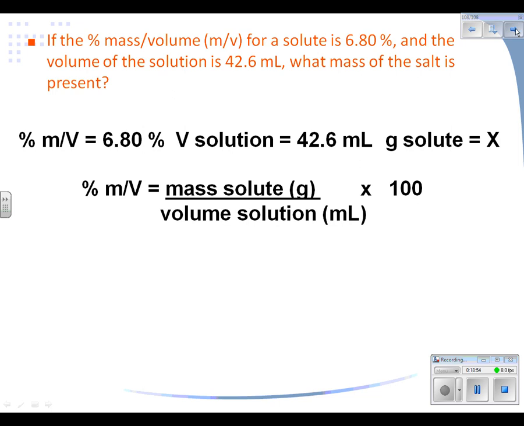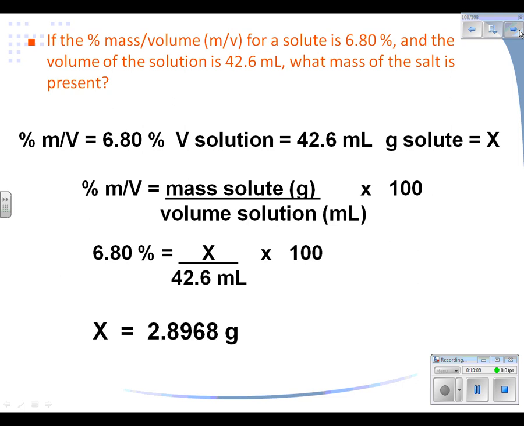Mass divided by volume times 100 gives us our percentage. So we divide the 6.8% by 100, and then multiply by 42.6 milliliters. That gives us this very large number, 2.8968, which we then round to 3 significant digits. So that would be 2.90 grams.